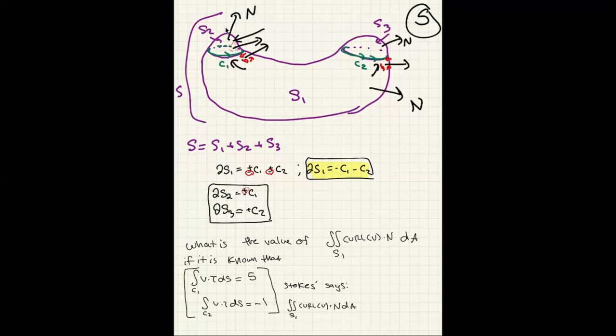It's going to be -5 minus -1, which gives me -5 plus 1, which is -4. So there are all sorts of questions that you could ask. I could ask about the curl on S3 or the curl on S2, all sorts of different questions.